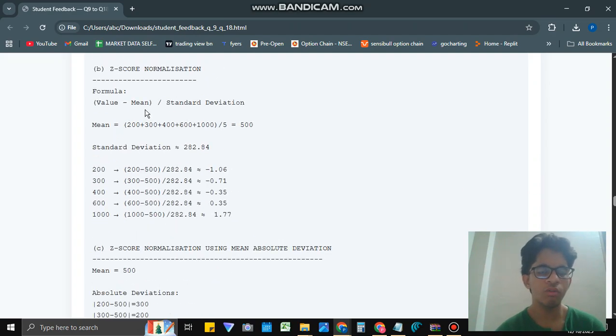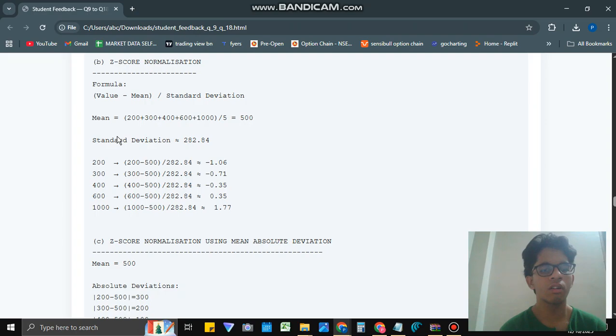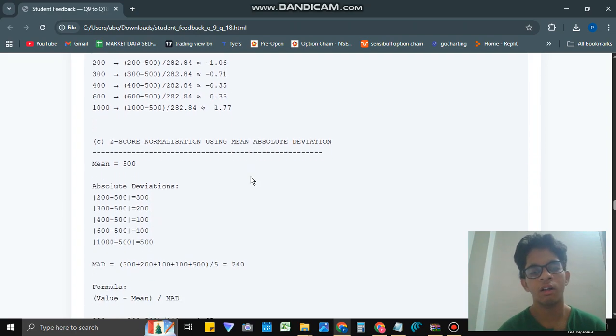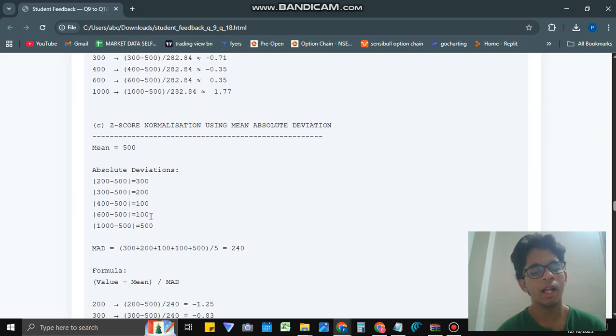For z-score, we will first calculate the mean and the standard deviation. As we all know, the formula for mean is basically the average. Standard deviation, we also know, is the square root of the whole summation of x minus x mean whole square. Similarly, we will calculate z-score normalized values using mean absolute deviation, and instead of using standard deviation, we will use absolute deviation.